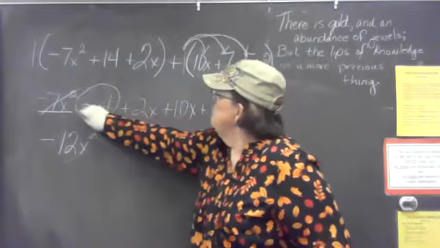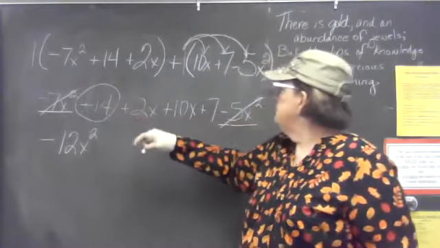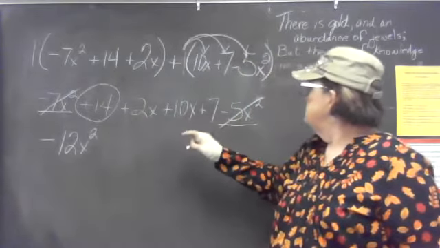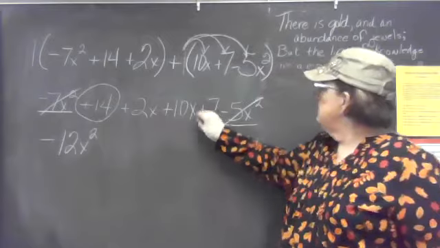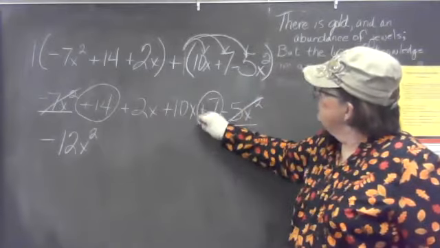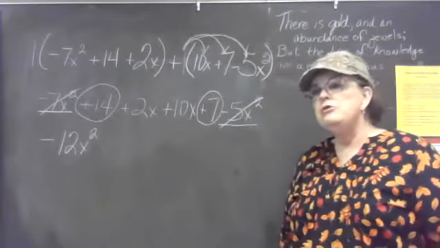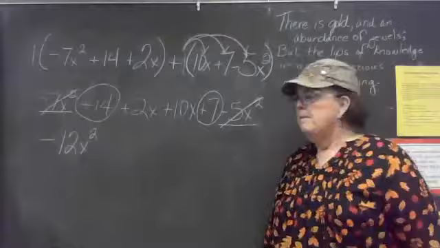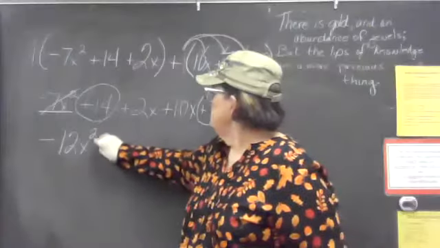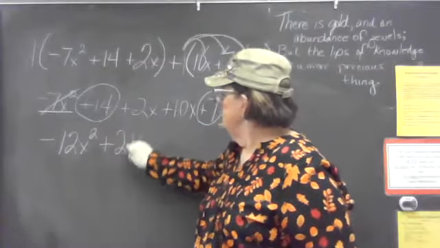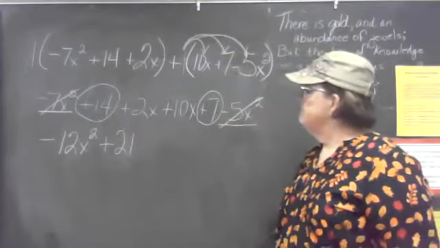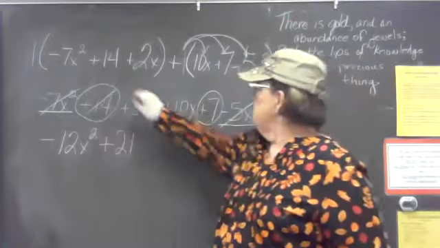I'm going to look at those. I underlined the others, so I like to keep them separate. That's an x, so that doesn't work. But here's another constant. So now I'm going to put those together. Okay? So I just add 21. And I'm finished with that one.